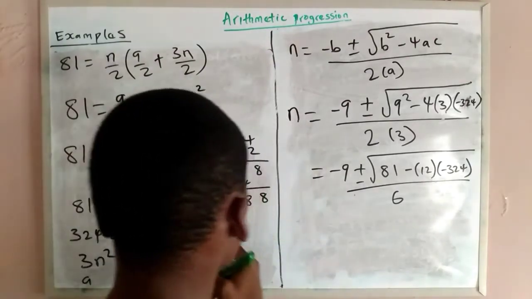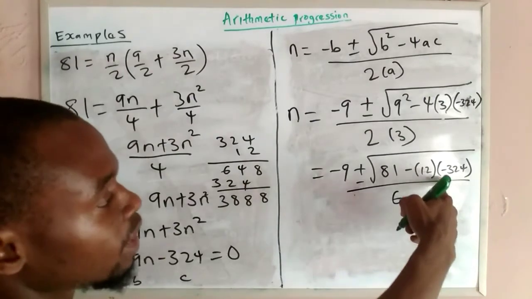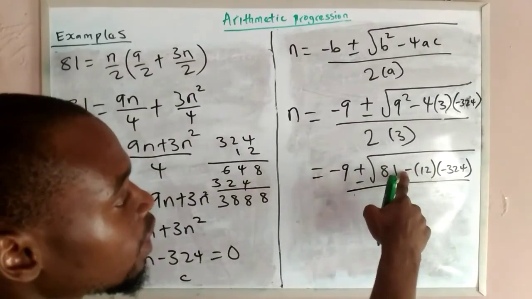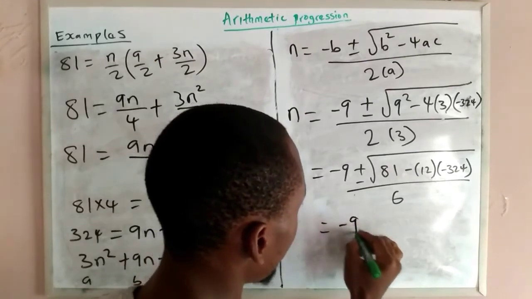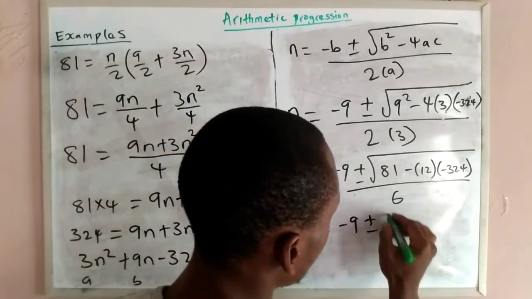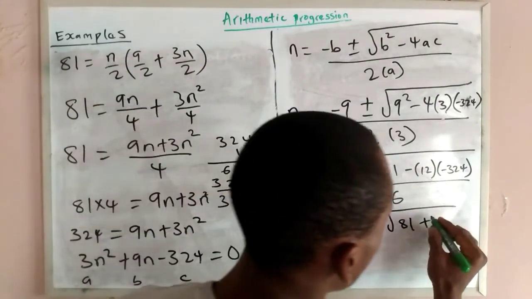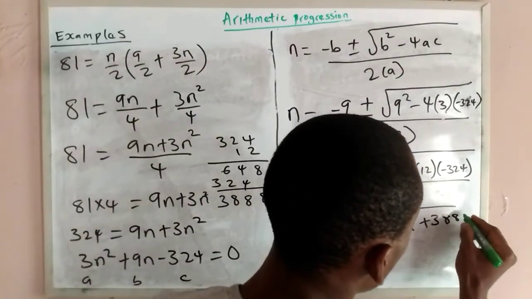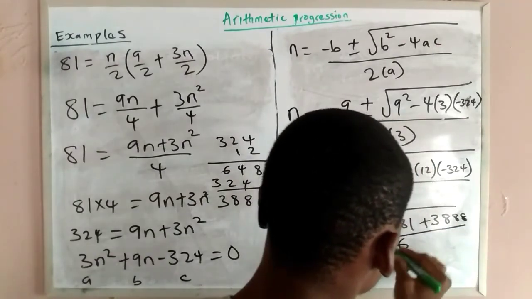So this gives us, remember, I'm not multiplying with the minus here, but there is a minus here. So this minus will multiply this minus and it will become plus. So this will become minus 9 plus or minus root of 81 plus 3,888, all divided by 6.